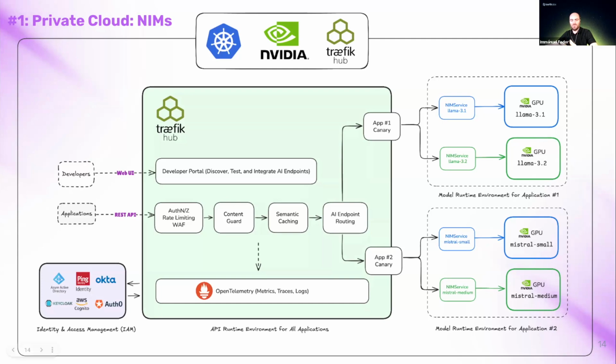You also see some identity providers that will provide our key personas authentication, authorization, and the identity itself, connected through Traefik Hub. And here you can see that we have developers and applications who will consume either your APIs or the web UIs that you provide.